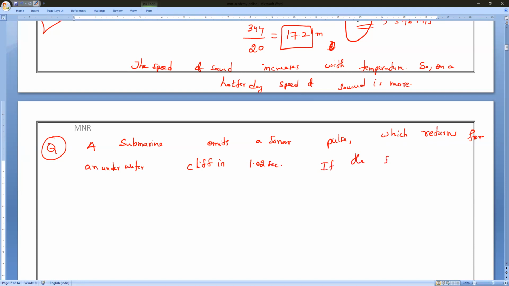If the speed of sound in salt water is 1531 meter per second, how far away is the cliff?